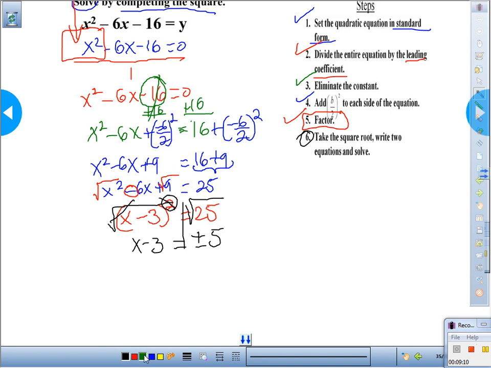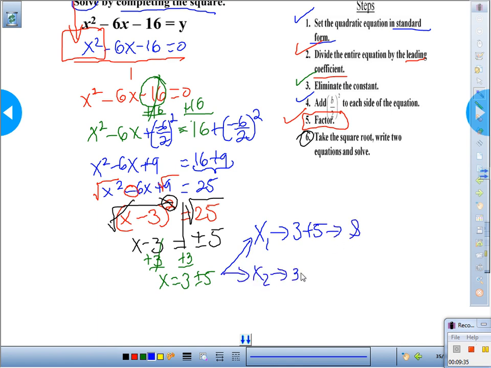Am I done solving? No. I need to add 3, add 3. I'm left with x equals 3 plus minus 5. Am I done? No. Here I have 2 equations. Look at it. X equals 3 plus 5 and x equals 3 minus 5. Do you see it? That's why I need to write x sub 1 is 3 plus 5, which is 8, and x sub 2 is 3 minus 5, which is negative 2.